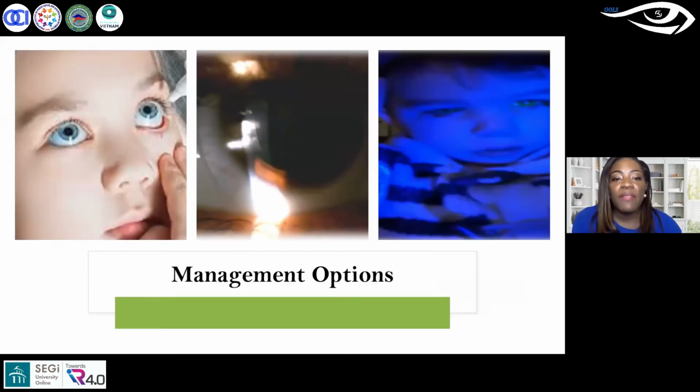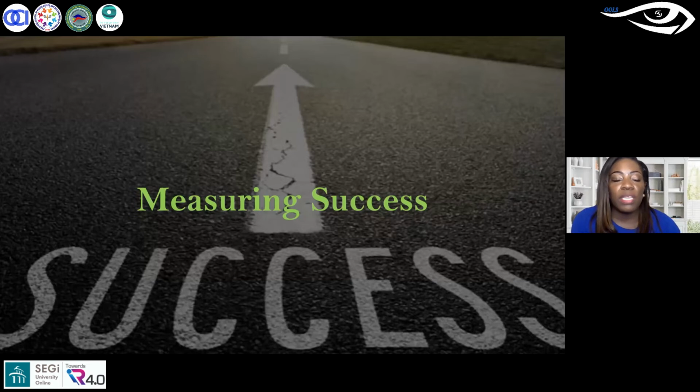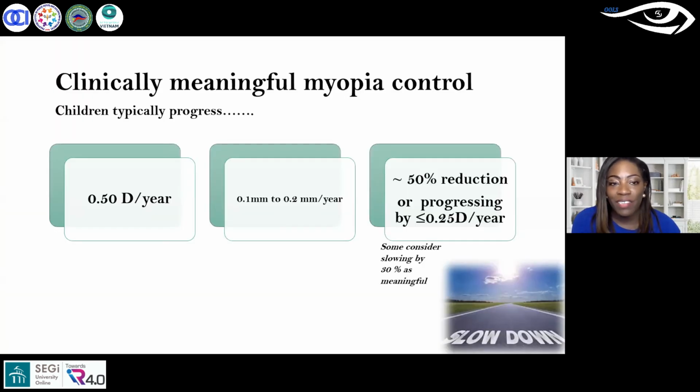So we talked about the management options. Let's talk about measuring success and what we consider success. As I said earlier, the progression really depends on their background and their age. However, in general, what we're looking for is a 50% reduction of progression.